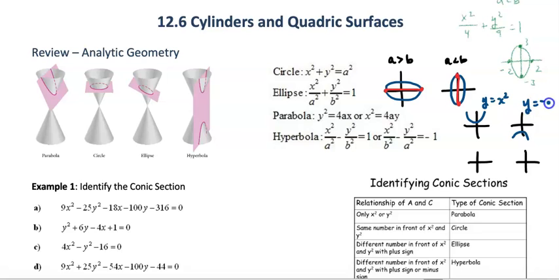That's going to be y equals negative x squared. Our parabola can open to the right, and that's going to be x is equal to y squared. And our parabola can open to the left, and that equation is going to look like x is equal to negative y squared. So we've got these 4 different parabolas.